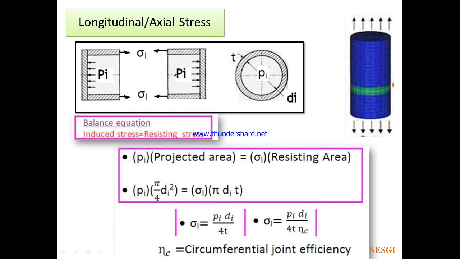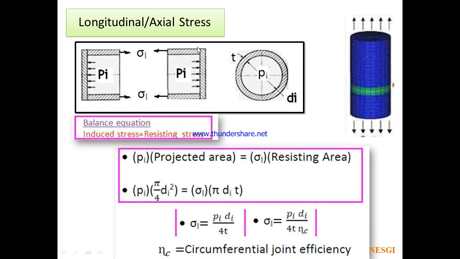Next is longitudinal or axial stress. Again, consider 50% of the cylinder. The force due to pressure acts in this direction, and it is resisted by longitudinal stress, which acts in the opposite direction. For equilibrium, the force due to longitudinal stress should be equal to the force due to inside pressure.